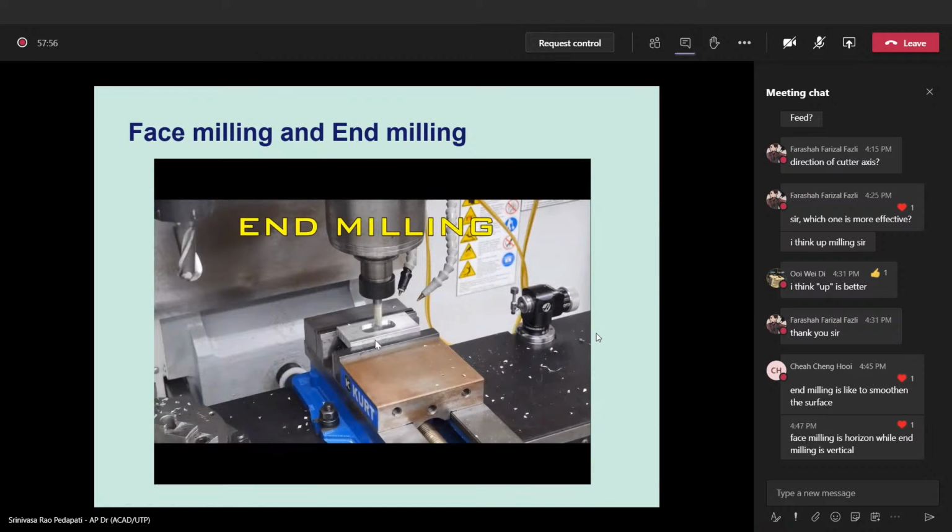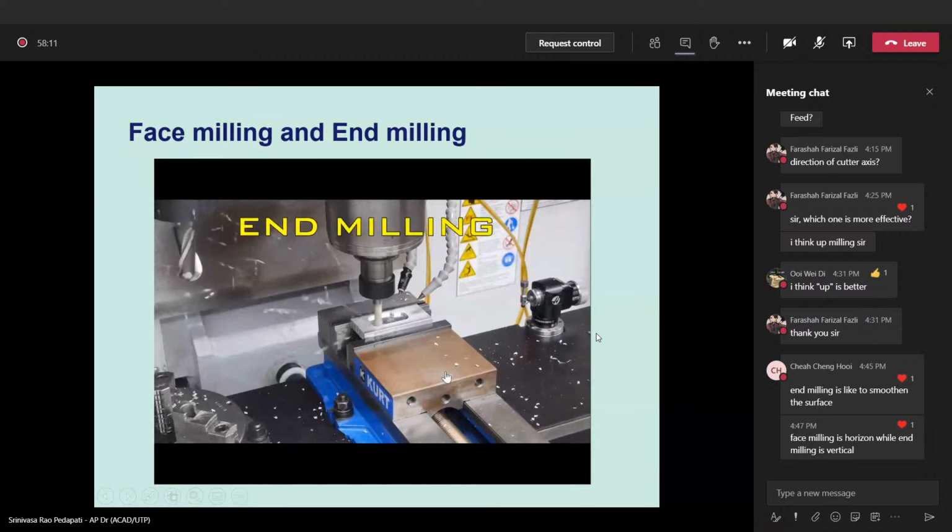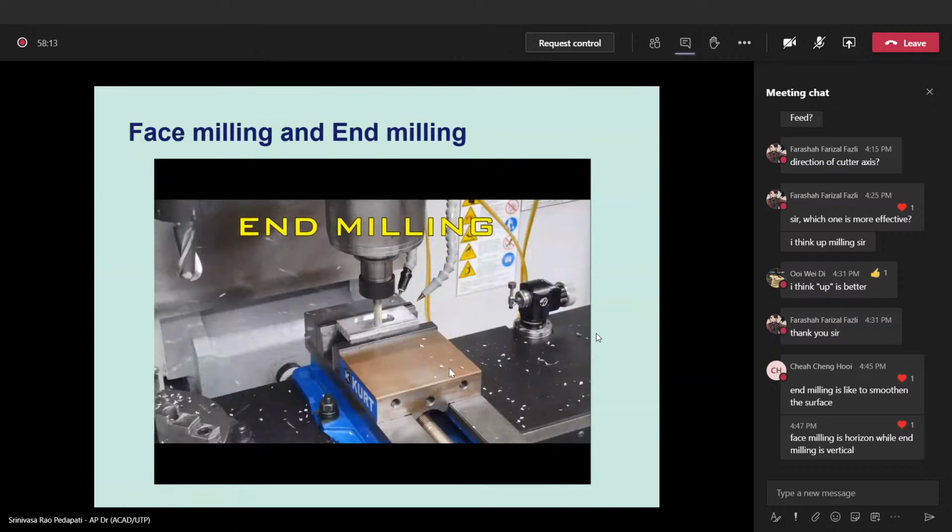So if you see here, it cuts both at the edges and also at the bottom. That means it has the cutting teeth at the end as well as at the face, just as we showed in the previous slide over 3 types of tools. And one more thing you observe, it is like a drill bit.